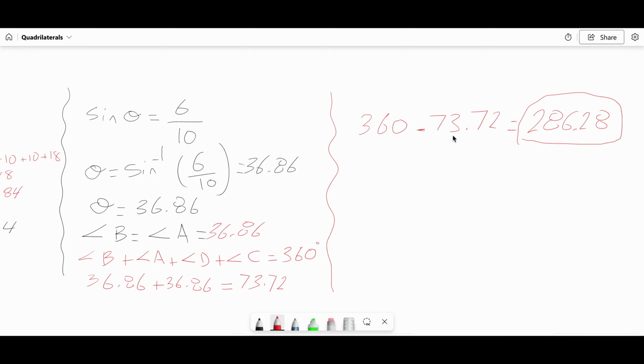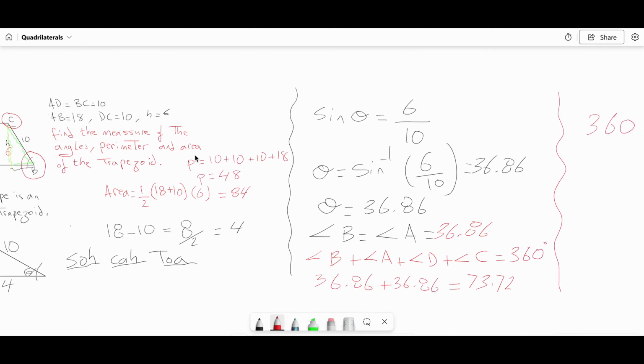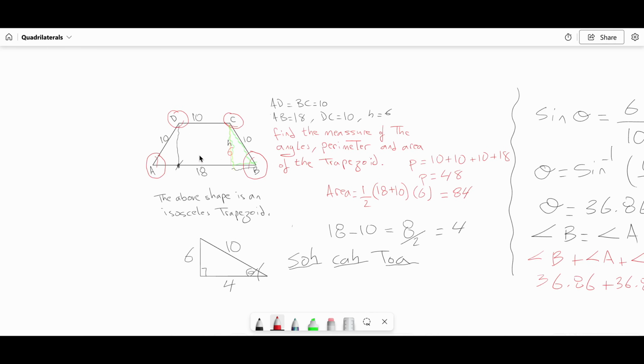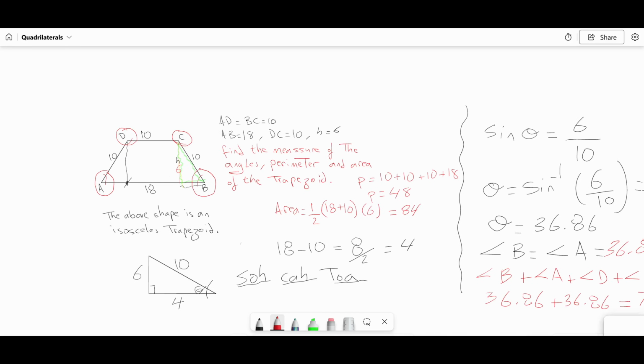This number here is the sum of angle D and angle C.